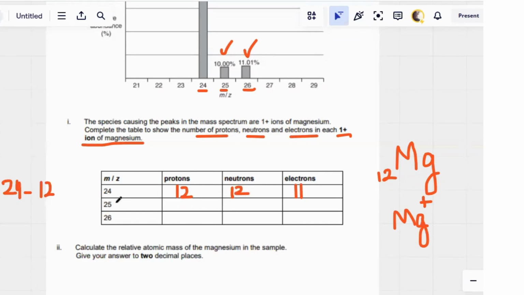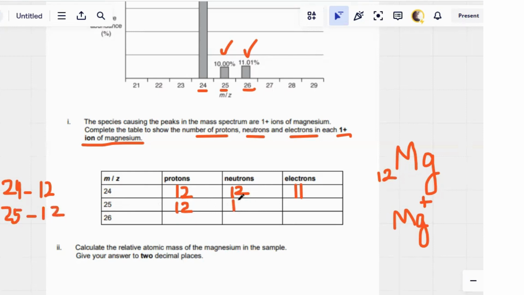Let's say the mass number is 25. The number of protons will be the same because the atomic number is 12. How can we find neutrons? Mass number minus the number of protons, so 25 minus 12 is 13.